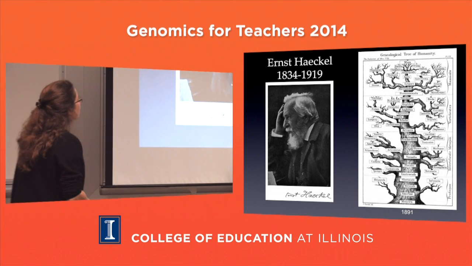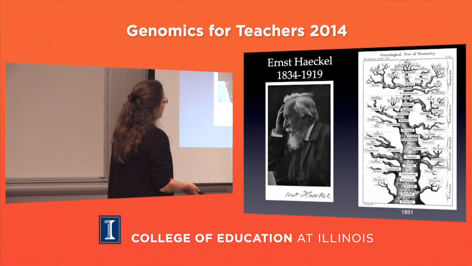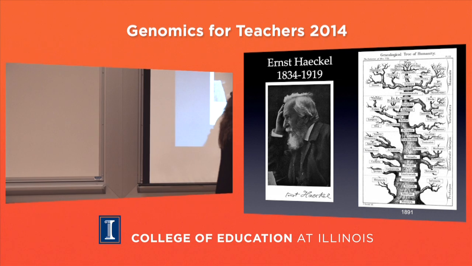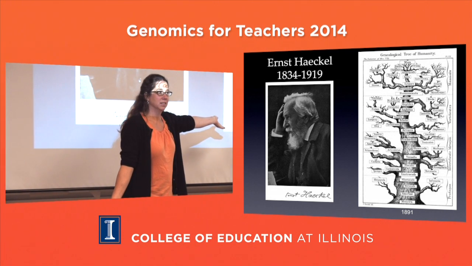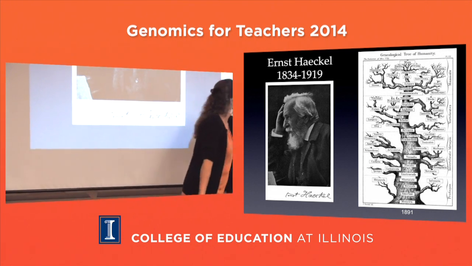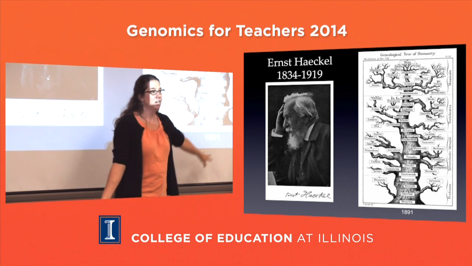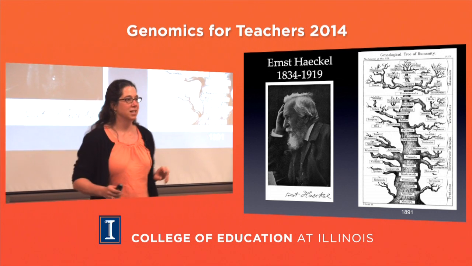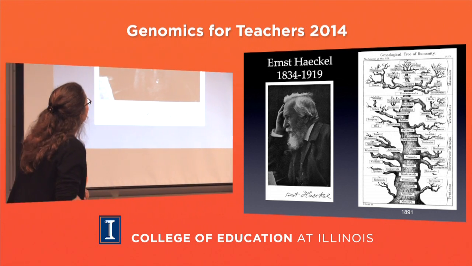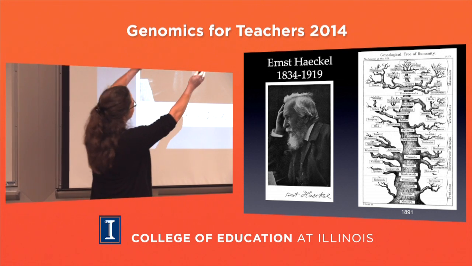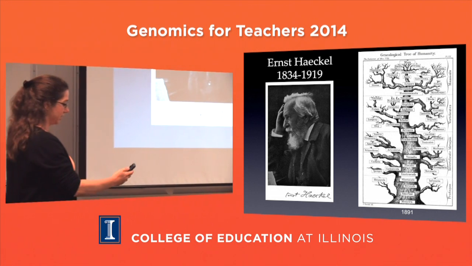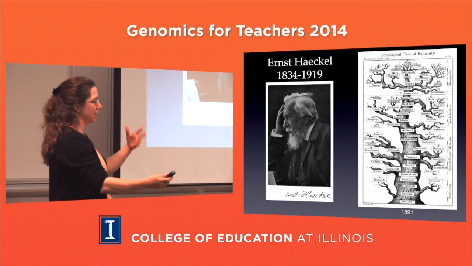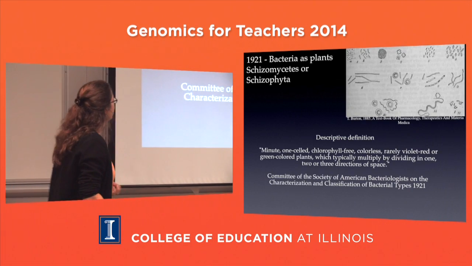Going forward, there was this idea of a tree of life starting to come around. And where are the microbes on this picture? Right here at the very bottom, Monera. We have no idea, but they're simple single cells, so they must have been first. We, of course, man is at the very top, the highest, the most evolved organism on the planet, and everything else is coming from that, okay?